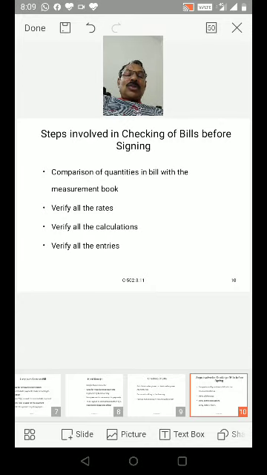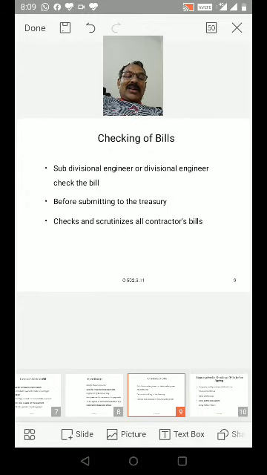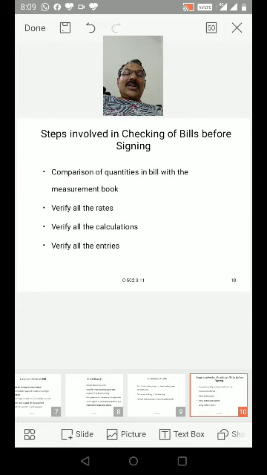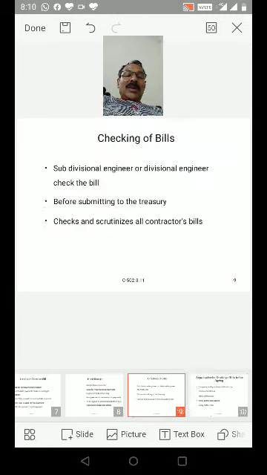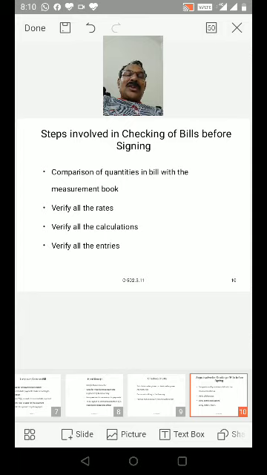They check the quantities entered in the contractor's bill against the quantities entered in the measurement book. So while checking the bills before submitting to the treasury for payments, the deputy executive engineer or executive engineer has to follow the steps involved in checking of bills before signing.